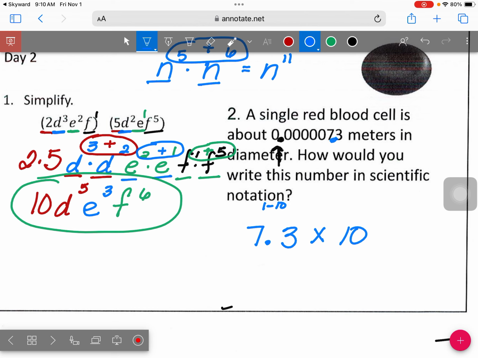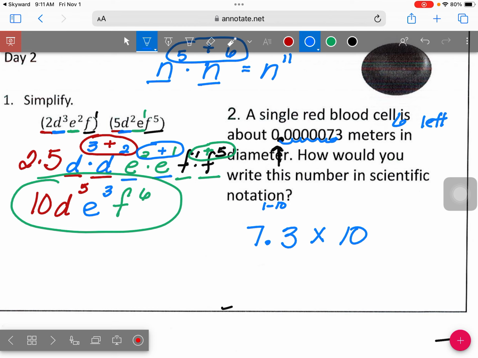Now, to get this new decimal point that I have here in blue, I need to move it to the left 1, 2, 3, 4, 5, 6 spaces to the left. Okay? As you go to the left, that is headed towards the negative direction on a number line.